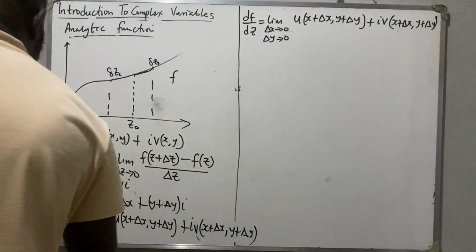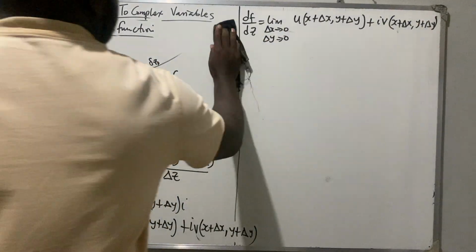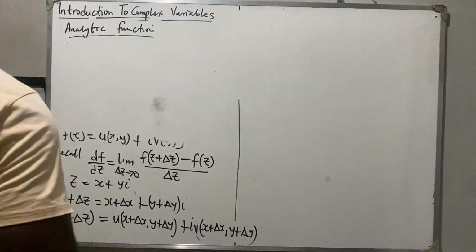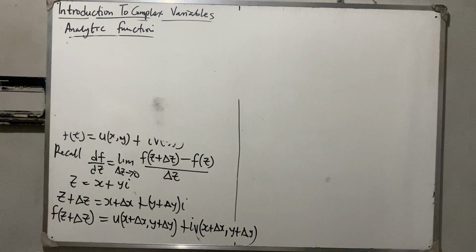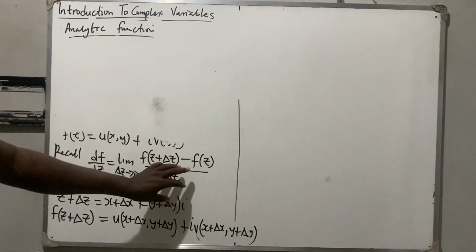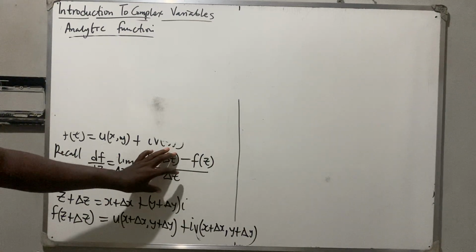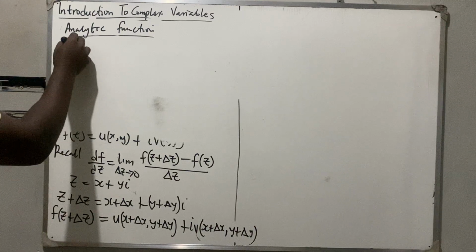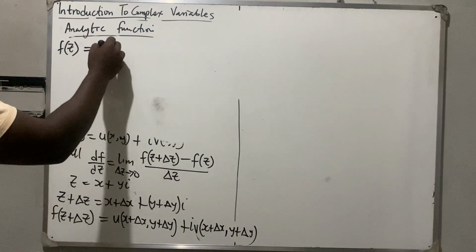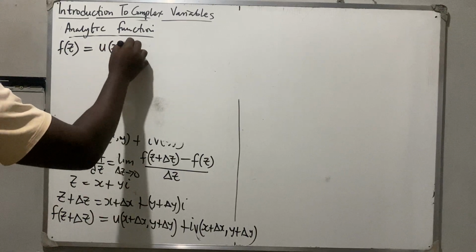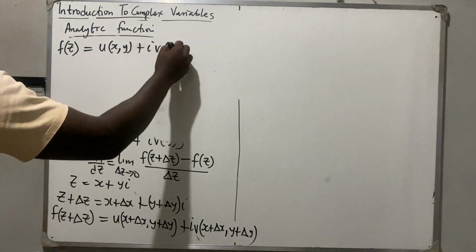So let me clean the board and write it to be very long, so that you will understand it perfectly. Let's take it gradually so that we will not make a mistake. We just want to form everything we are seeing here. Let's start from the fact that f of z is equal to u of x comma y plus i v of x comma y.